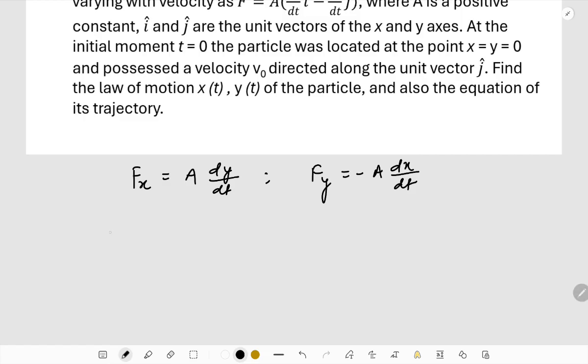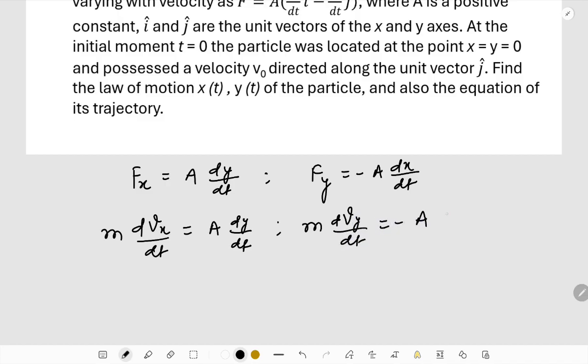So we can simply write that this will be mass into acceleration, that is m times the x component of the acceleration. I can always write it as m dvx by dt, because this is the x component of acceleration, equals a dy by dt. And Fy we can simply write as m dvy by dt, mass into acceleration, and that will be equal to minus a dx upon dt.